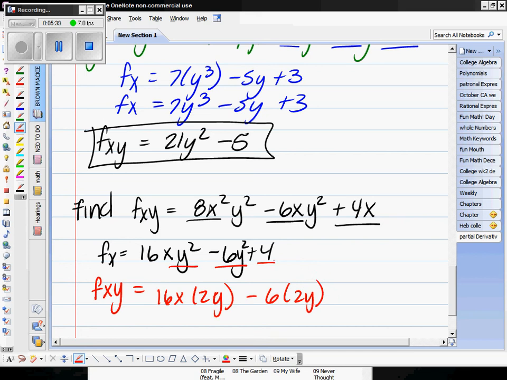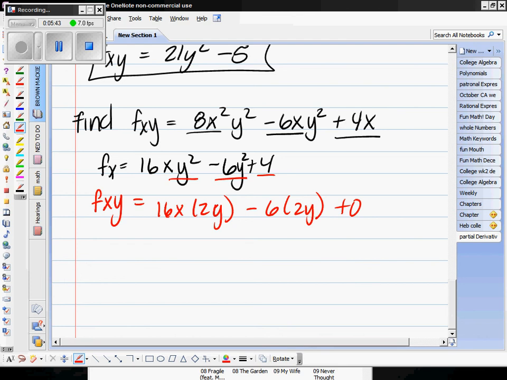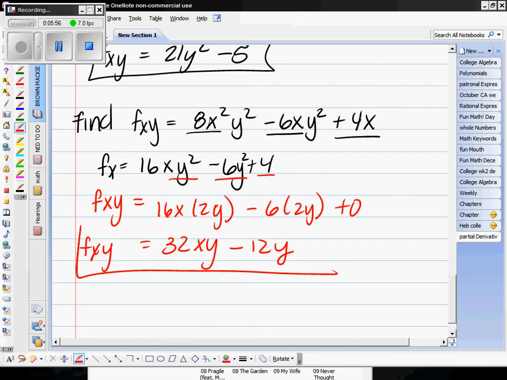And the derivative of 4 is just plus 0. To clean it up, 16 times 2 will give me 32xy minus 12y, and no need to put plus 0. So that's the partial derivative with respect to x and y.